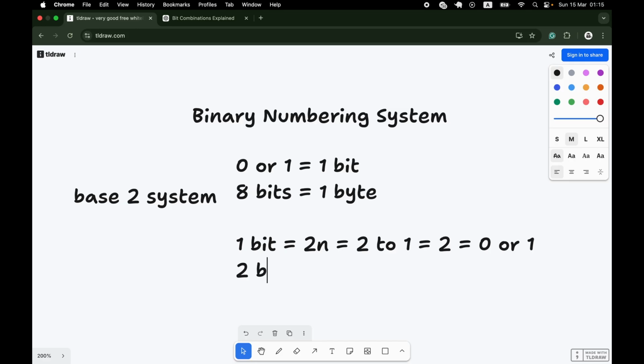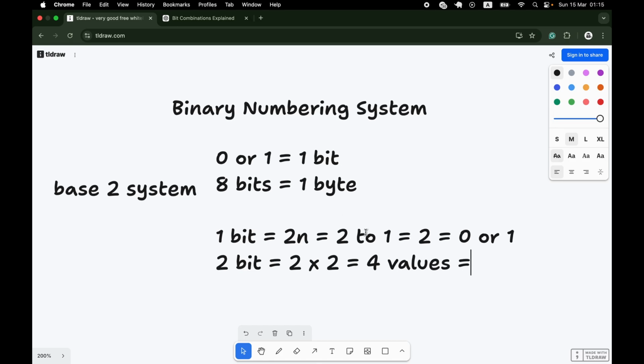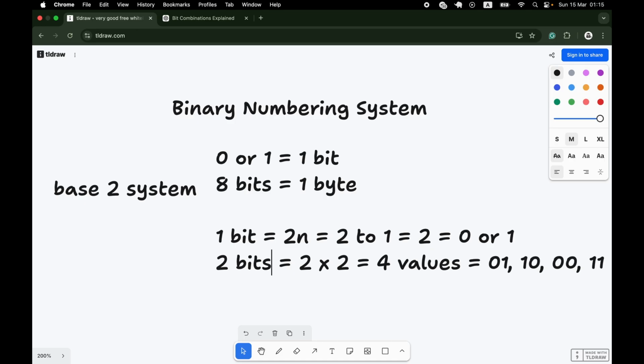How about 2 bits? 2 bits is 2 to the power 2, which is 4. So the possible values are 00, 01, 10, and 11. These are the possible values for 2 bits, right?